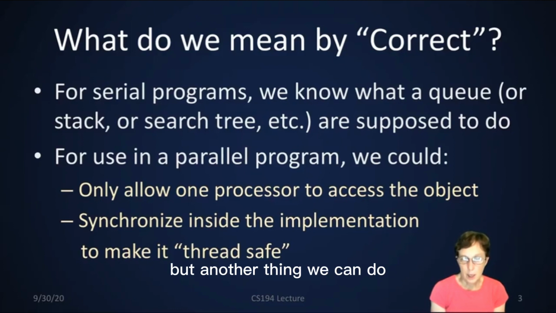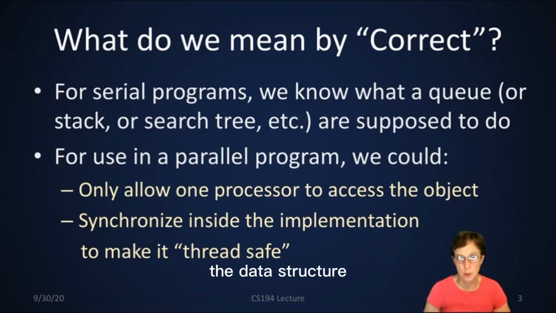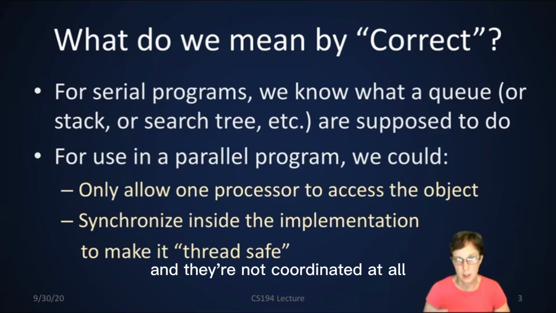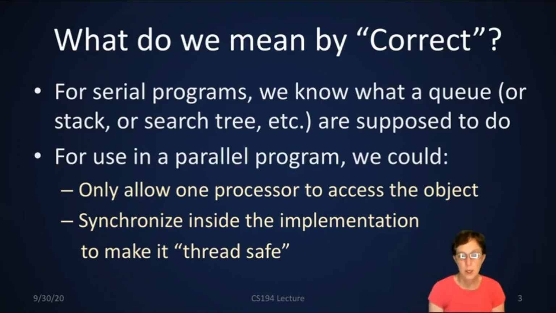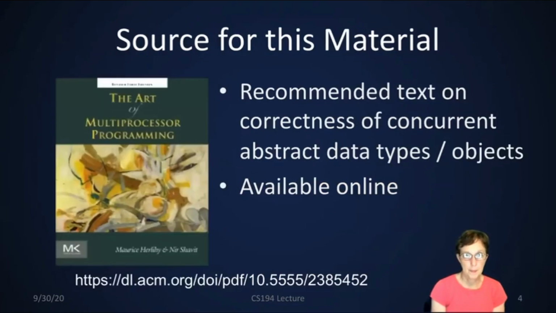But another thing we can do is to try to make it thread safe, which means that we'll put synchronization of some kind inside the data structure so that it will work correctly, even if we have multiple threads that are trying to access it and they're not coordinated at all. That is, they're just asynchronously trying to do enqueues and dequeues or pushes and pops or whatever.